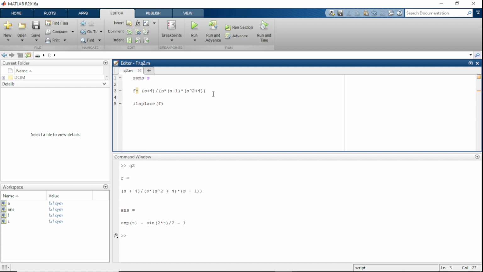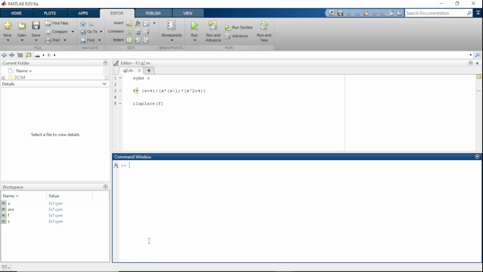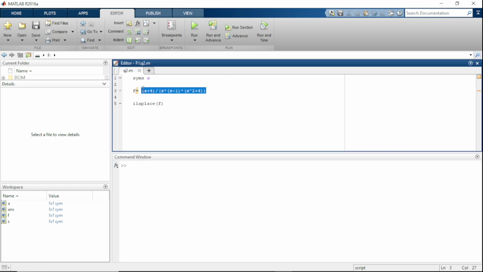Now taking the last example, that is (5s plus 2) divided by (s plus 1) into (s plus 2) whole square. Okay, just change the function.